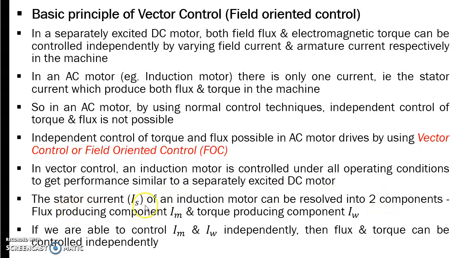One component of that current is the flux producing component, which you can call the magnetizing current IM, and the next component is the working component, the torque producing component. This facility is already available in the separately excited DC motor but not in the AC motor, where the stator current itself is the reason for both flux and torque.